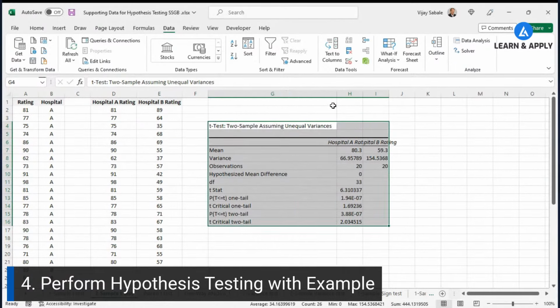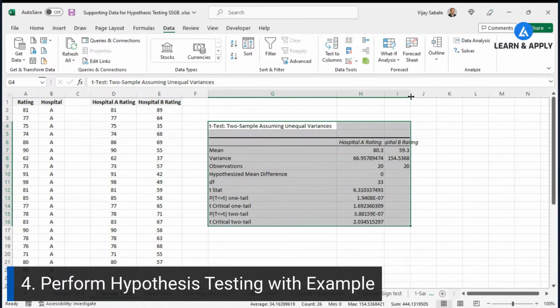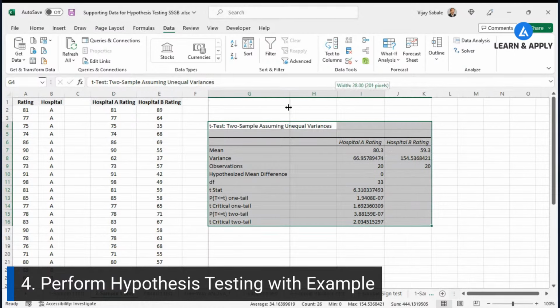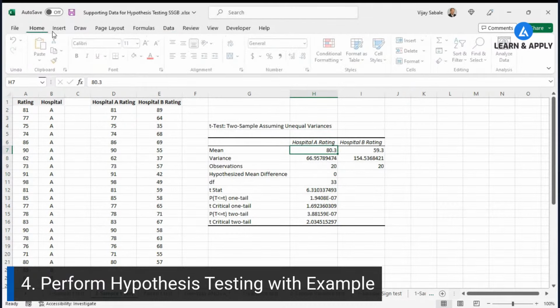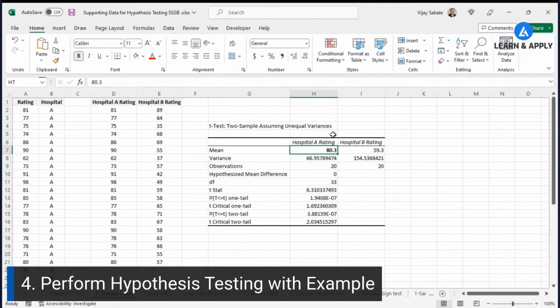Here is the output. So we got the output for this two sample t-test. We can see here the hospital A rating mean is 80.3 and the hospital B rating mean is 59.3. So we can say the hospital B rating is much lower compared to the hospital A rating, right? But this is just a comparison. Whether that is significantly different or not, for that purpose, we need to look at the p-value.